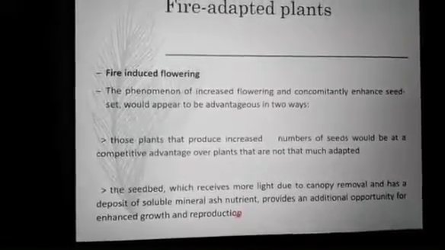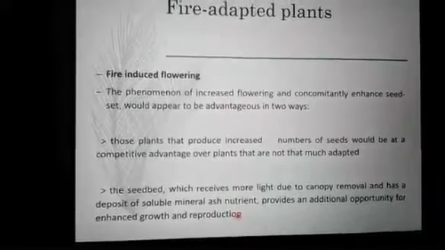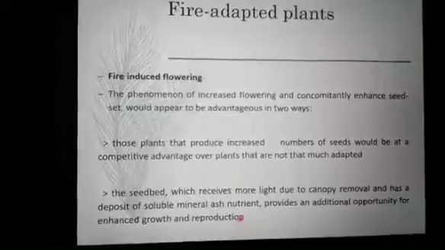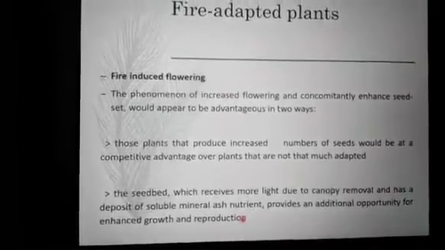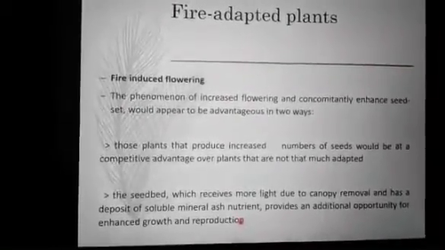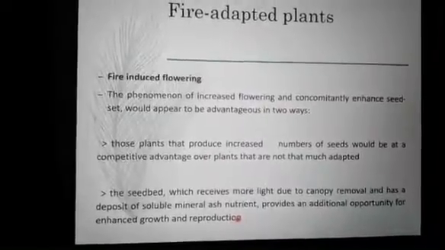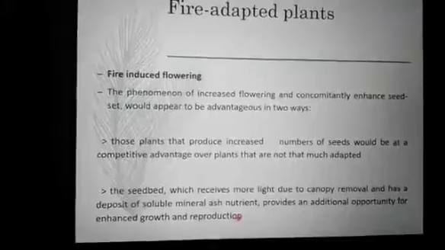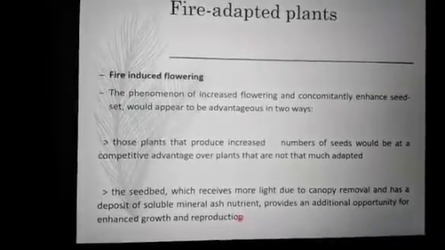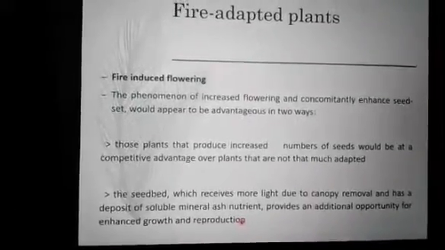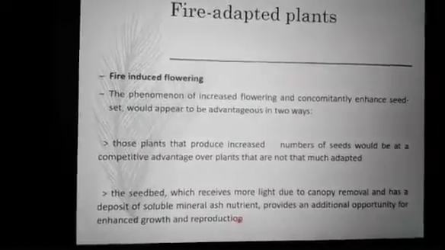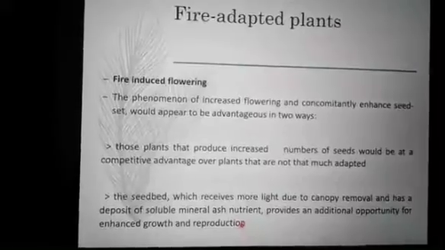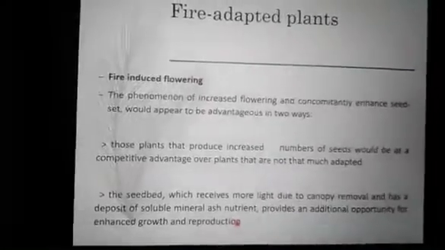So those plants that produce the increased number of seeds would be at a competitive advantage over those plants that are not as well adapted. So the seed bed, which receives more light due to canopy removal and has a deposit of soluble mineral ash nutrients, provides an additional opportunity for enhanced growth and reproduction.